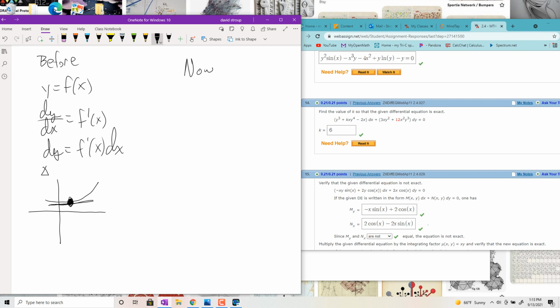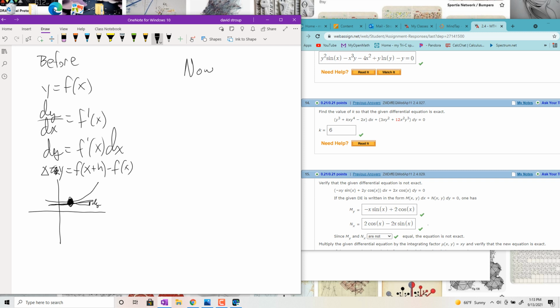The actual change in y would be the difference between the y height after some change in x. So we'll say f of x plus h minus f of x, right? That would be the actual change in height. The dy equals f prime of x dx is the change in the tangent line. So there's this little amount, that would be your dy.